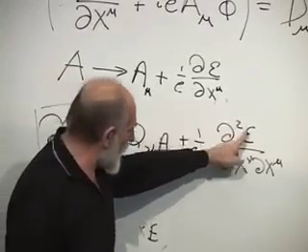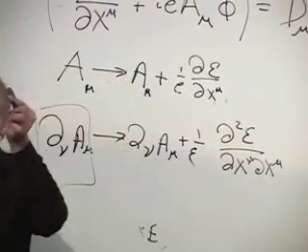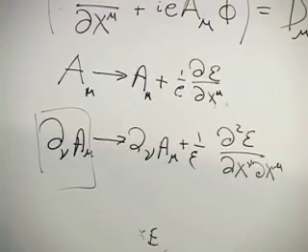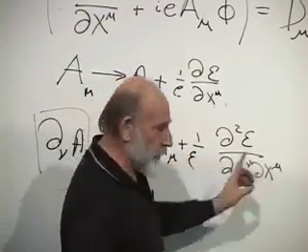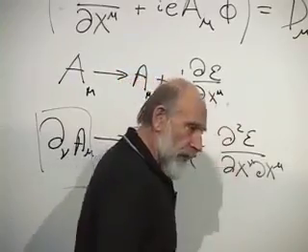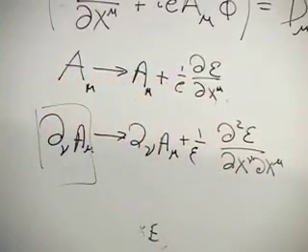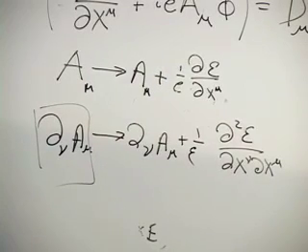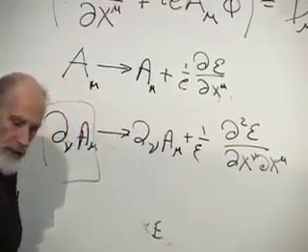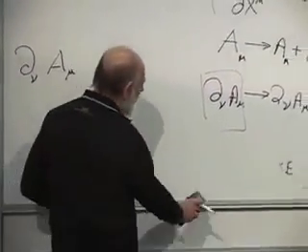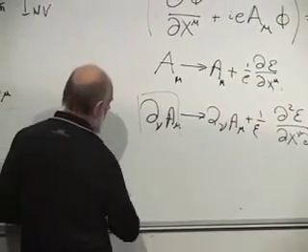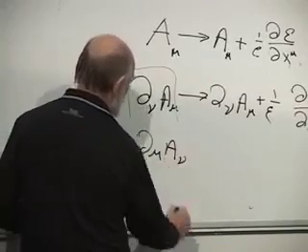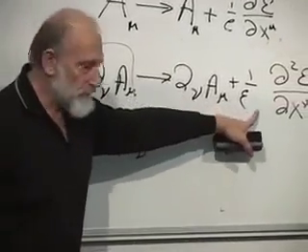But notice that this change here is symmetric under the interchange of nu and mu. The process of differentiation, it doesn't matter which order you differentiate. Differentiation with respect to 2 coordinates commute. Commute means it doesn't matter which order you apply those 2 operations. And that means that if I subtract from this minus d mu A nu, this term will cancel.